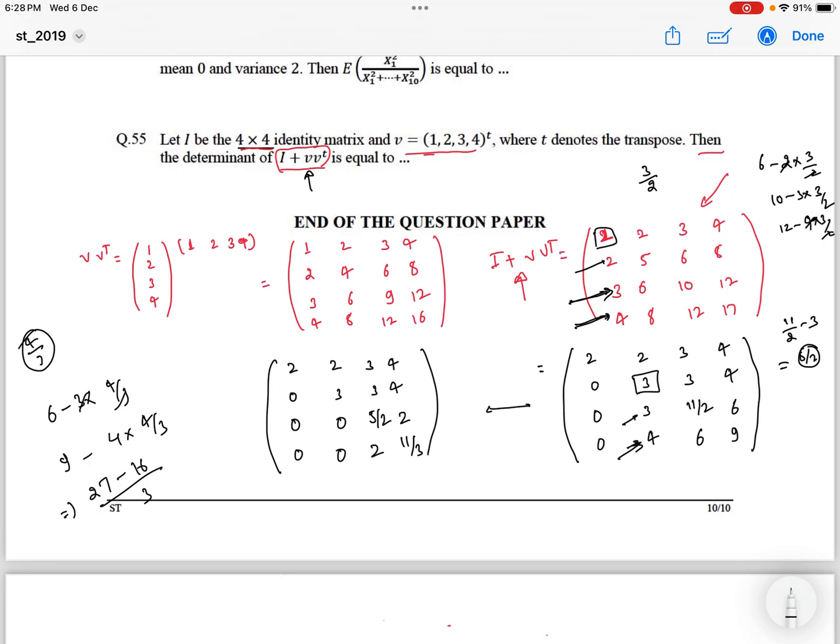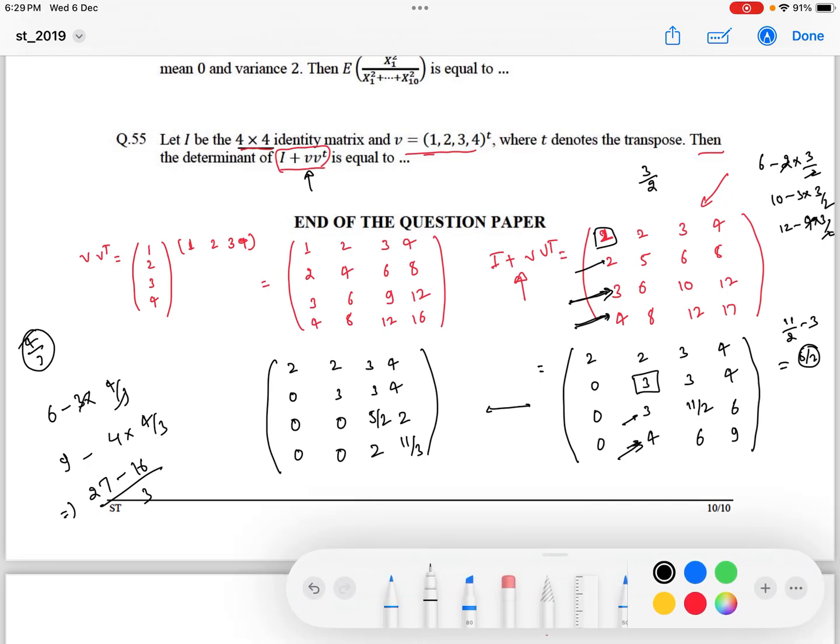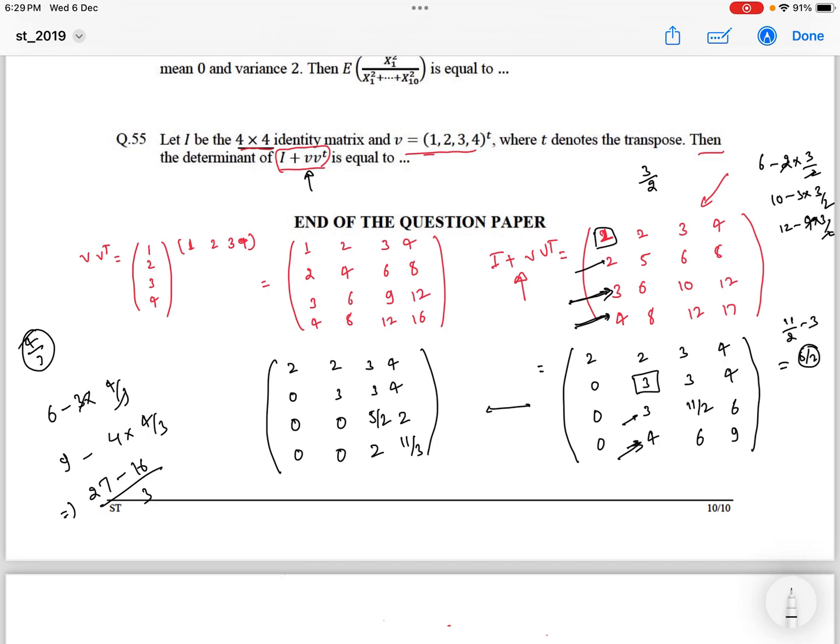So yes, now we can pick this one as a pivot. Our multiplier would be 2 divided by 5 by 2, so 4 divided by 5.